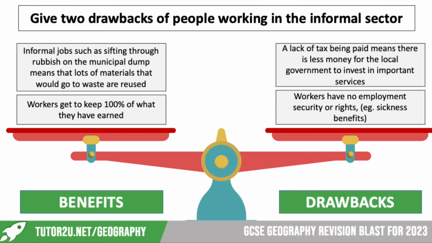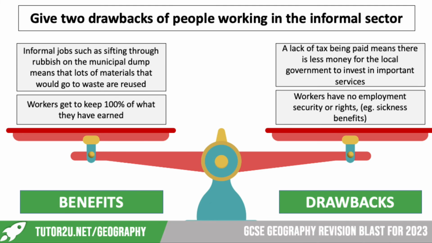A really good example of this is in lots of cities around the world, places like Rio, places like Lagos, people will go and stand by the side of the road for the morning, hoping that they are going to get picked for the day by maybe fruit pickers on the outskirts of the city who turn up with a bus and pick the number of workers they want. Somebody could stand there for hours and hours hoping that they're going to be picked for work and find that they're not. And obviously if they don't work that day, then they get no income, and that can cause all sorts of problems.